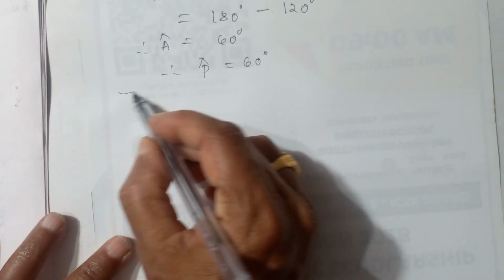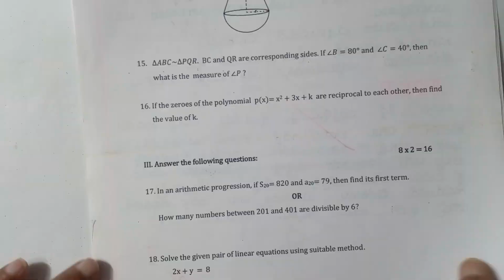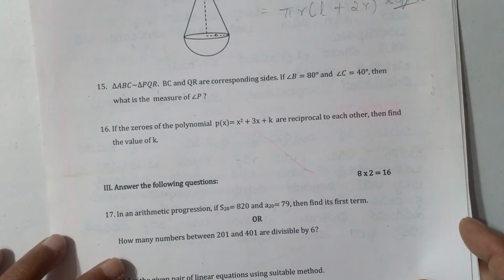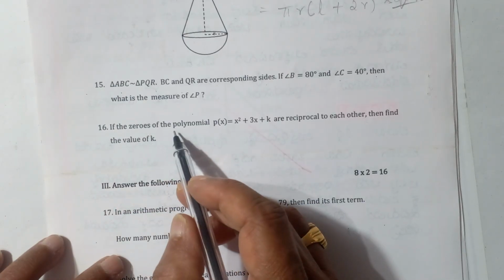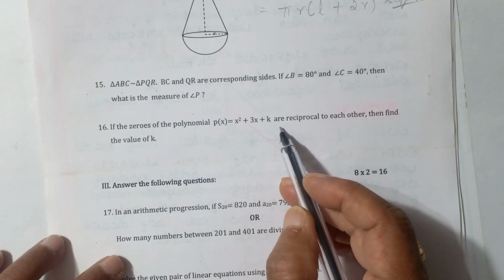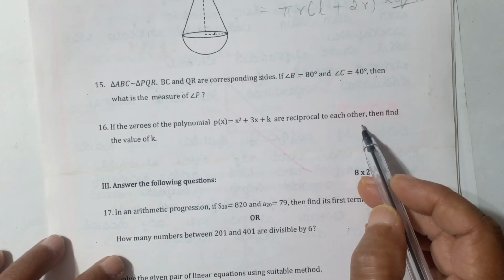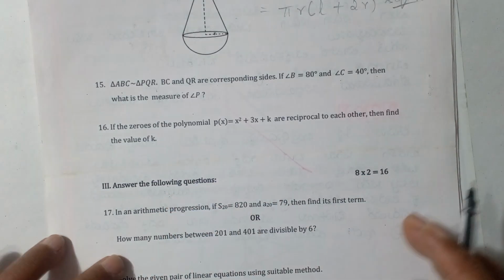Okay, after this, the next question. Here observe the next question, the 16th question. Observe that carefully. If the zeros of the polynomial p of x is equal to x square plus 3x plus k are reciprocal to each other, then find the value of k.